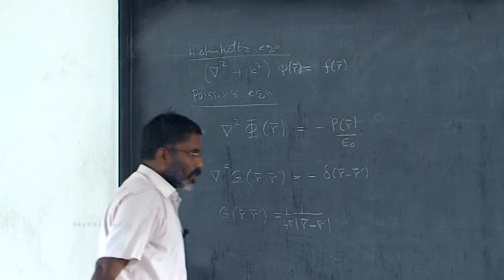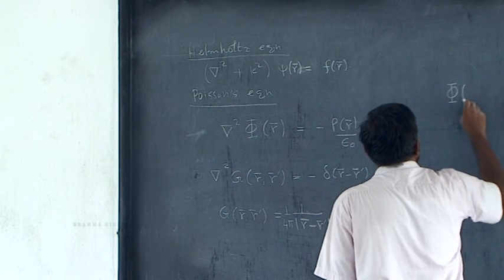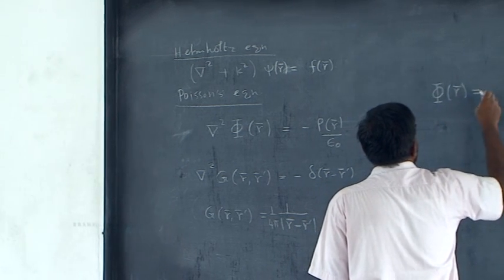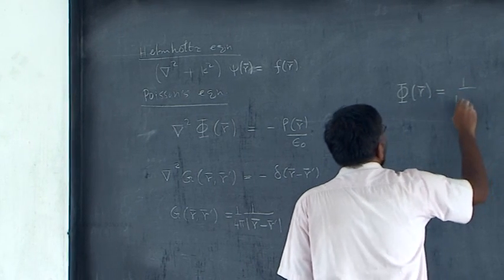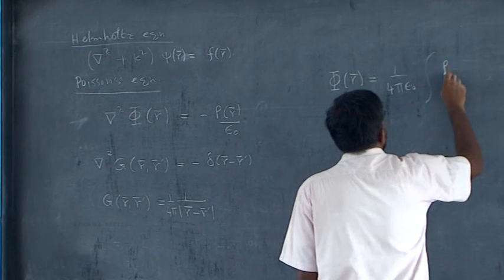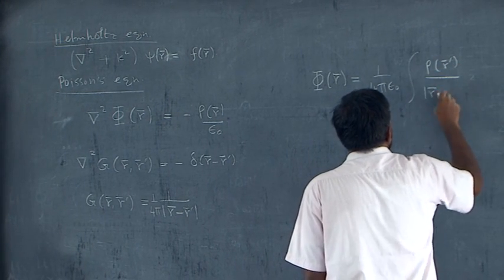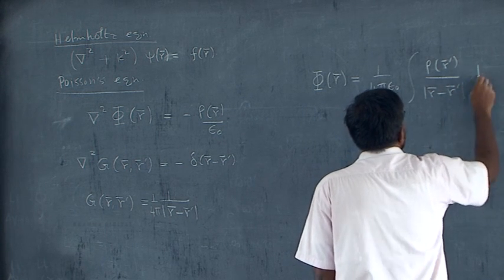This you can read out actually if you write down Coulomb's law. Potential at r is given by 1 over 4 pi epsilon naught integral rho at r prime divided by modulus of r minus r prime d3r prime.